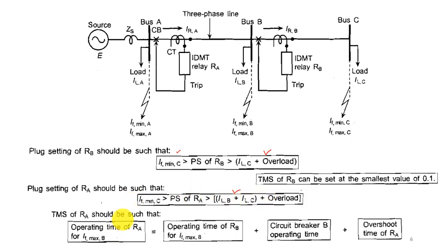TMS of RA should be such that the operating time of RA, first we need to find the operating time, then from the operating time of RA we'll calculate the TMS of RA.